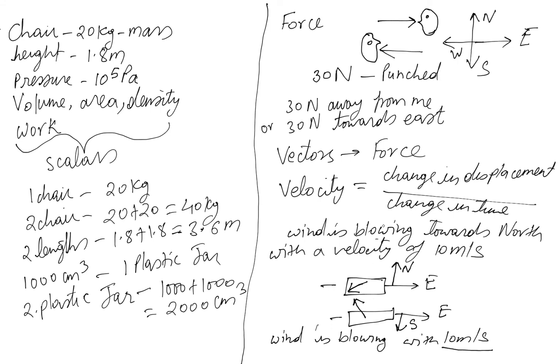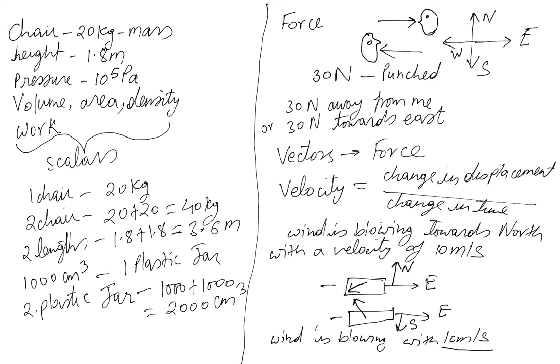So there is a class of physical quantities that do not just need a number, but also the direction in which they are acting, and these are called vector quantities. There are higher order quantities also, like tensors and so on, but we do not really have to talk about them right now.